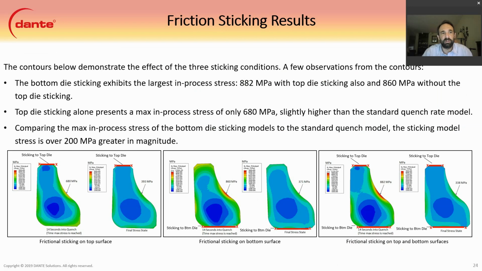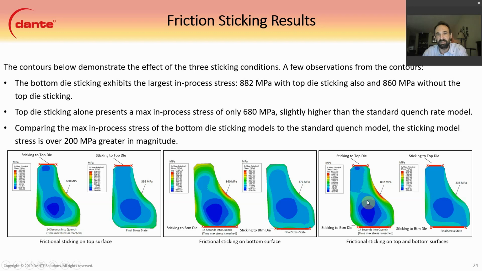The sticking results. The figure on the bottom left shows if the top die stuck, and we essentially get the same stress as we did with 0.05. So we assume that the top die sticking didn't have a big effect. Then we move down to sticking the bottom, and you can see this is a substantial increase in tensile stress at the crack location, all the way up to 860 MPa, which will cause cracking.